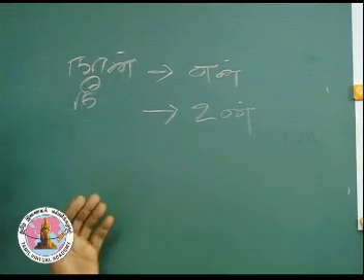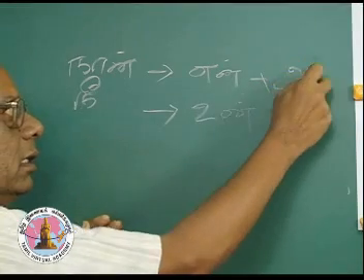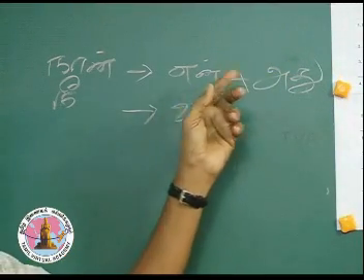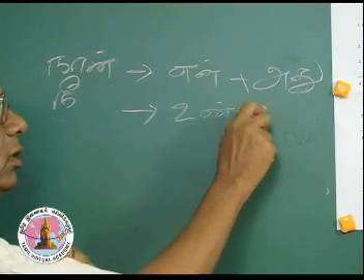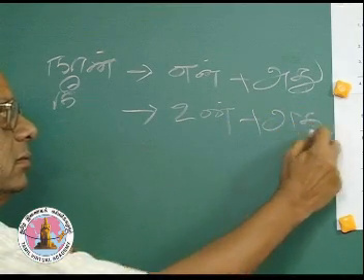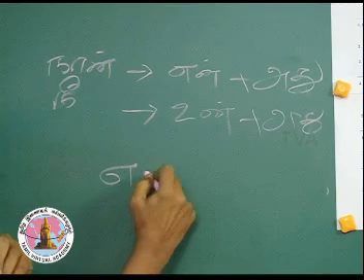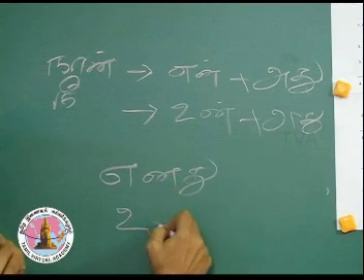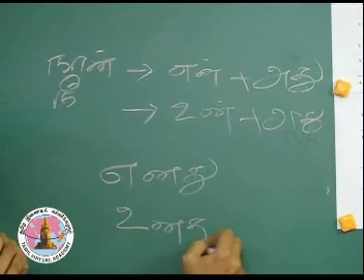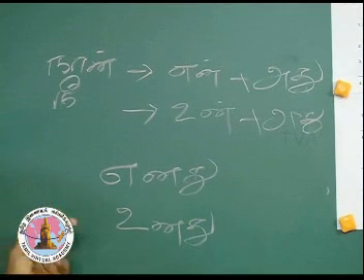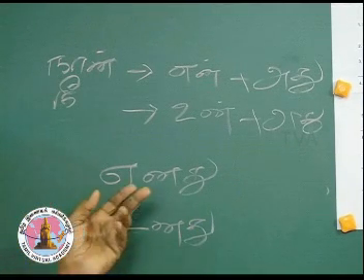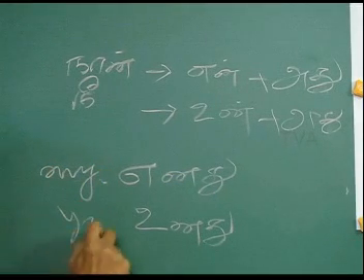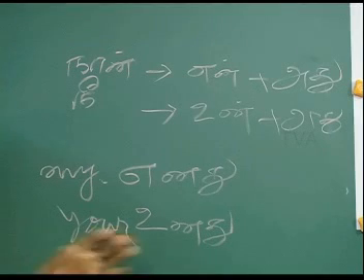So now we add the genitive case marker. En plus adu, un plus adu. It becomes enadu and unadu. Possessive. This is my and this is your.